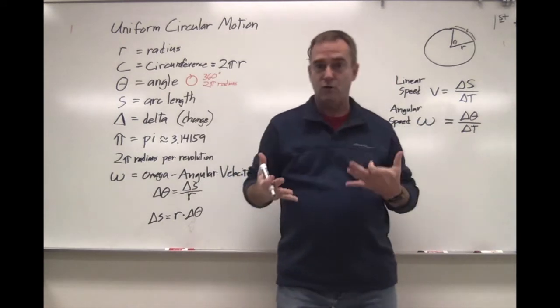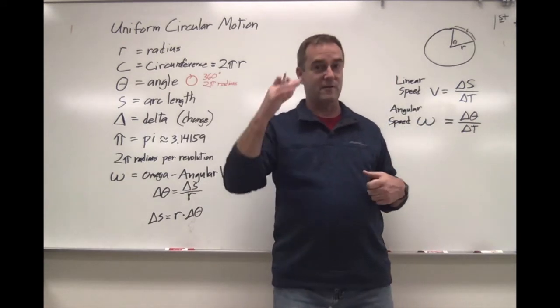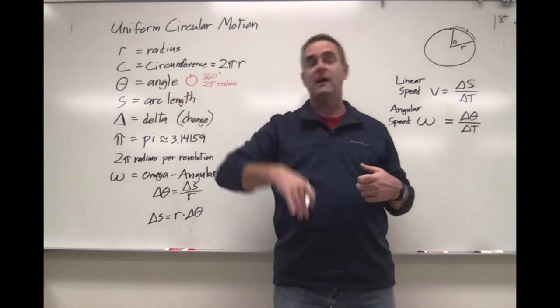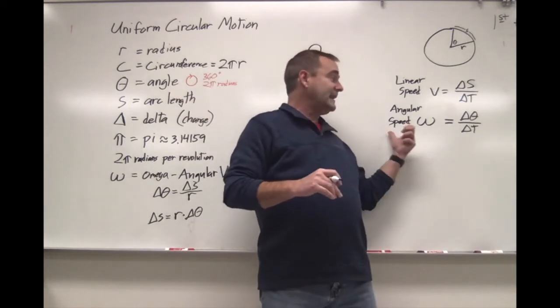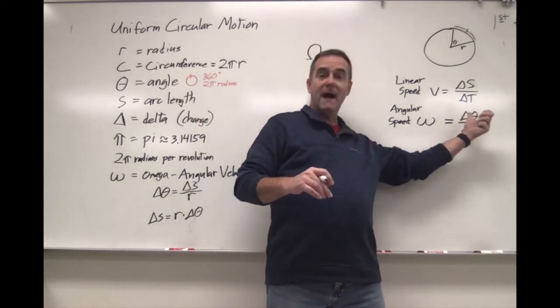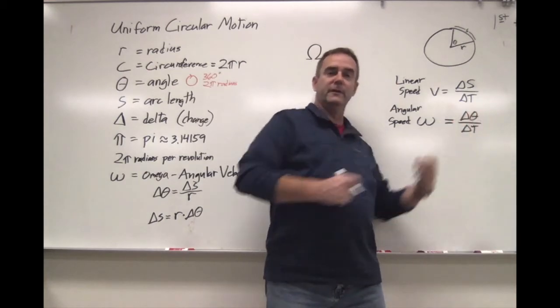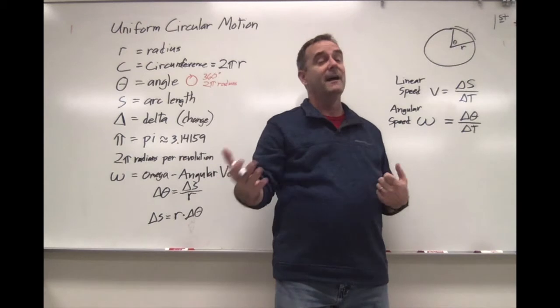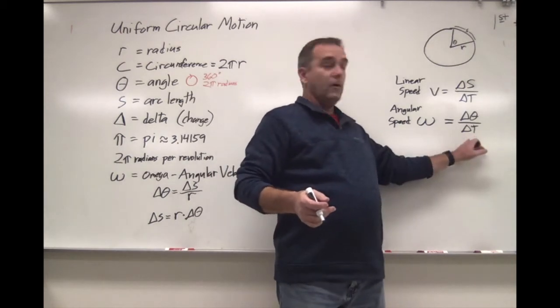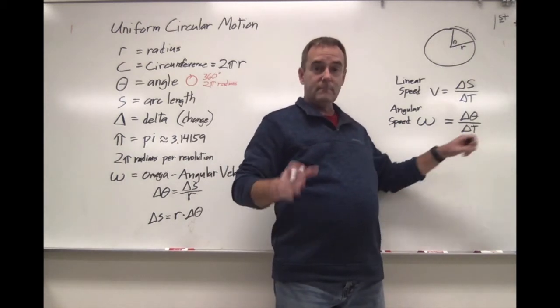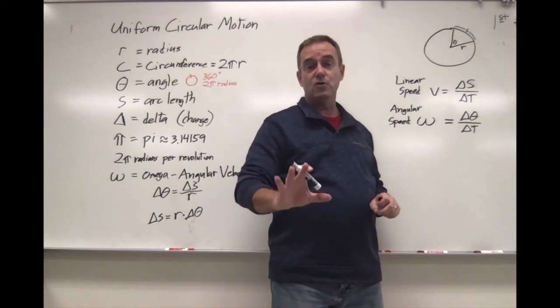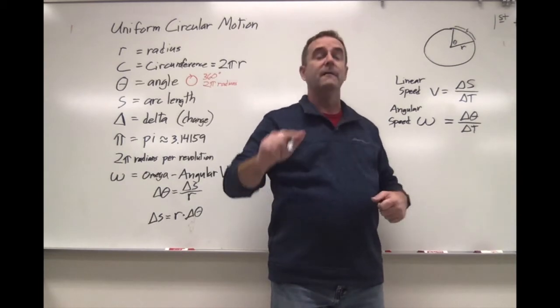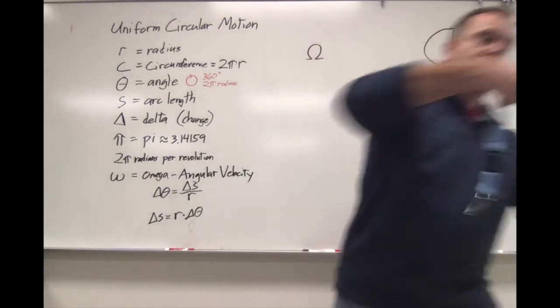Obviously, it has a direction, but for our purposes, it's just either this way or that way, clockwise or counterclockwise, right? Angular speed is the amount of distance around the circle that you traveled in terms of this angle inside, which we ordinarily would say in degrees. Now we're saying in radians, over a certain amount of time. Okay, that's our new definition of speed for something that is moving in a circle.